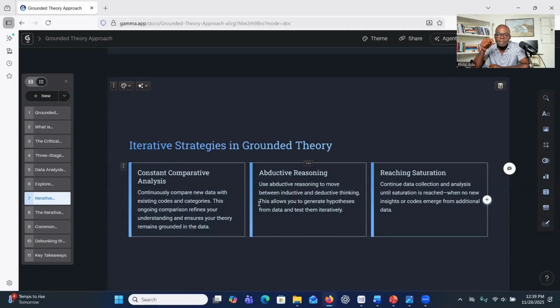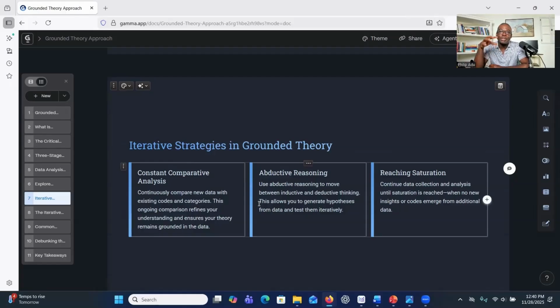It's a combination of inductive and deductive reasoning, right? Inductive means that you are moving from having data to developing a theory. Normally in qualitative study, we follow inductive reasoning. We collect data, analyze and develop themes, and sometimes go beyond developing themes to develop theory.